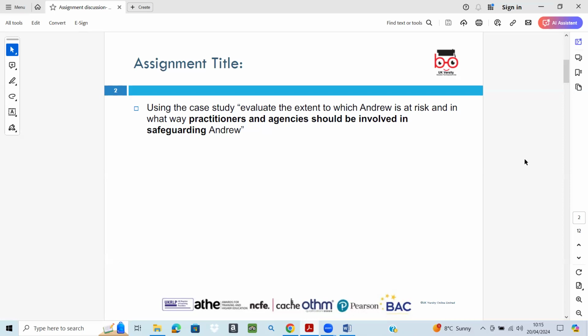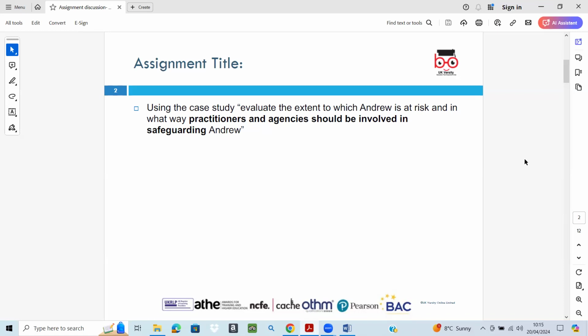Again, the command verb is evaluate: evaluate the extent to which Andrew is at risk, and in what ways practitioners and agencies should be involved in safeguarding Andrew. So, how do we answer it?